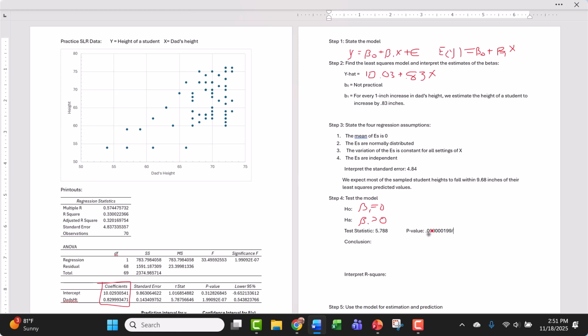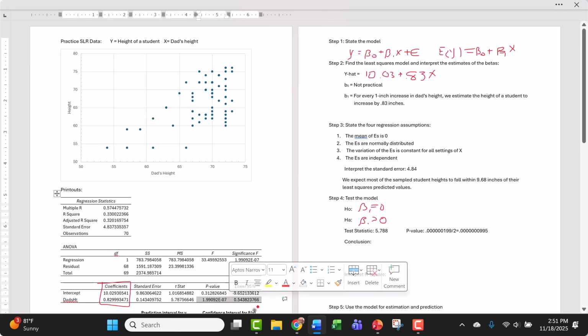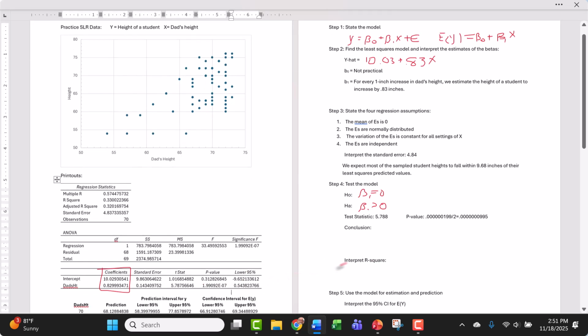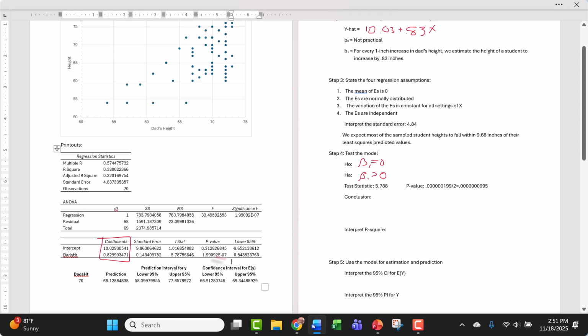However, that's a two-tailed p-value, so we're going to split that in half. It's really, really small. But this p-value that you see on the printout, those are always going to be two-tailed p-values. So you got to make sure you split whatever p-value you're looking at in half. And again, that's going to be scientific notation. E to the minus 7 means move the decimal 7 places to the left. And then you got to split it in half.